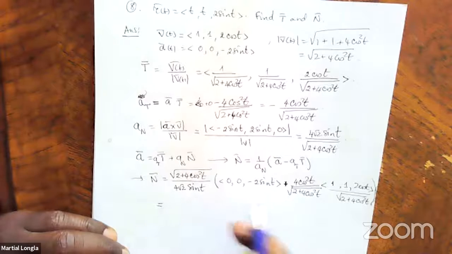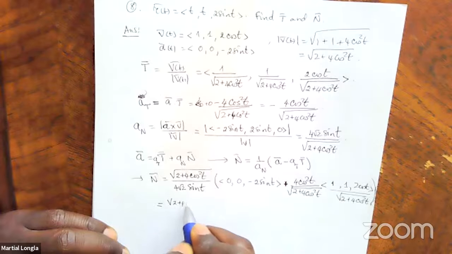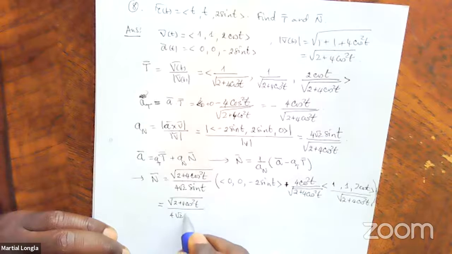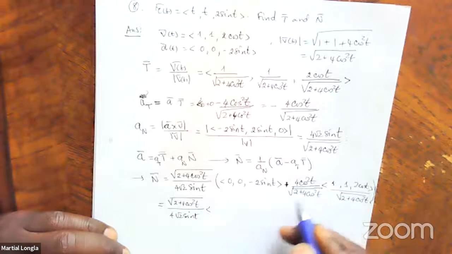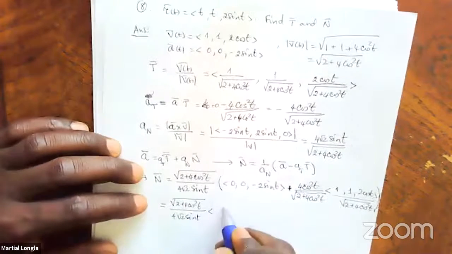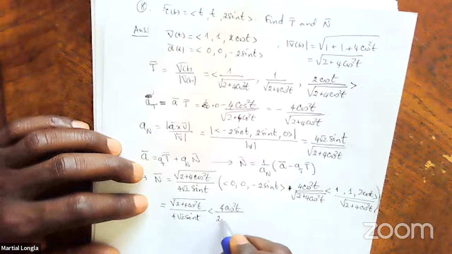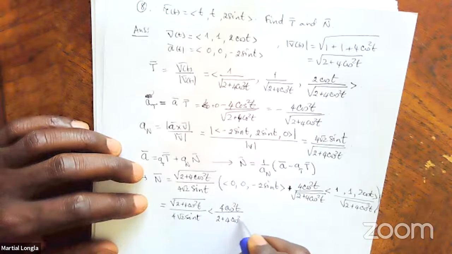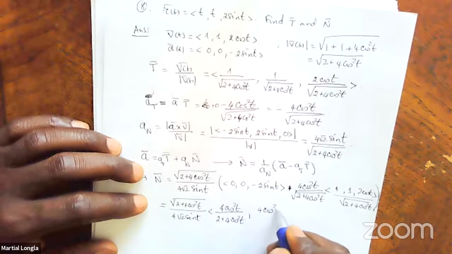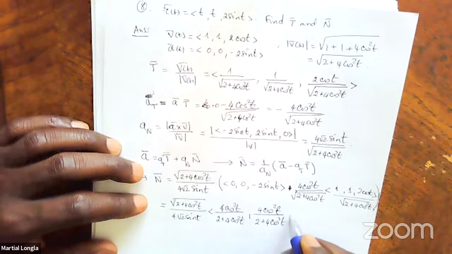Now you can do the algebra if you want. If you want, you can leave it as is. Root 2 plus 4 cosine squared t over 4 root 2 sine t. And then here, you're going to have 0 plus this. So that's 4 cosine squared t over 2 plus 4 cosine squared t.